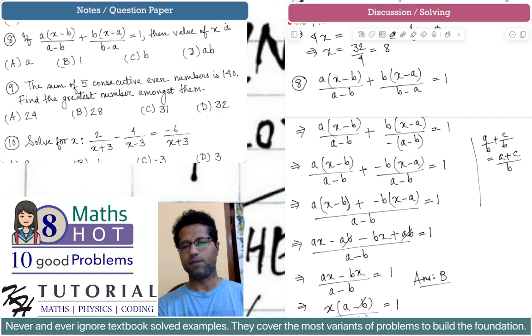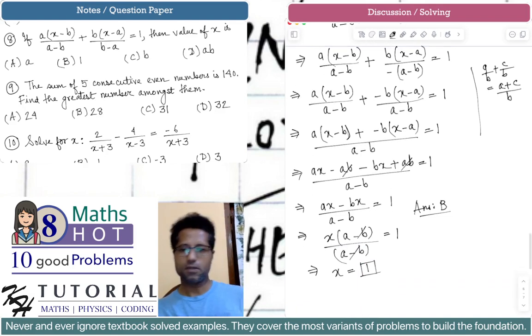will get multiplied with the numerator, and so we get minus b multiplied by x minus a divided by a minus b. And then we can see that the two terms on the LHS have the same denominator a minus b, and we did the addition just like we add two rational numbers with the same denominator.